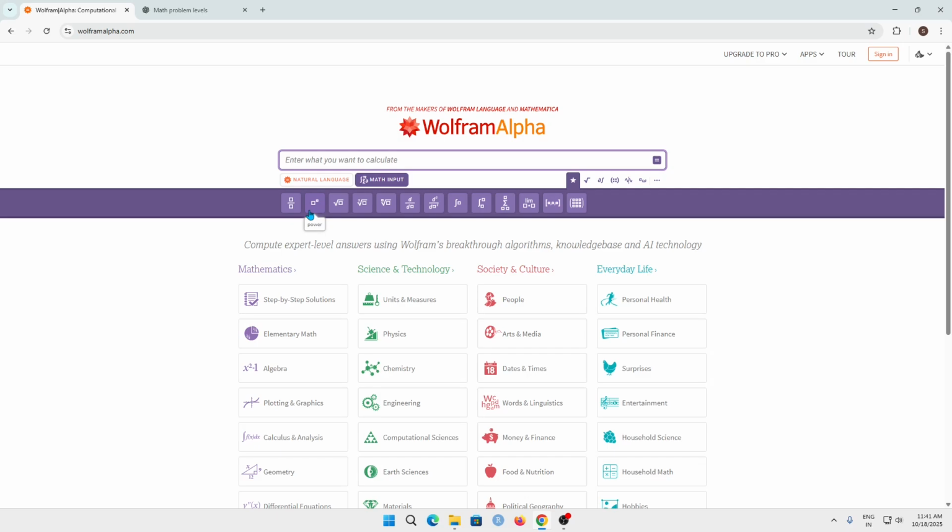Now I'll ask a medium level question on calculus and let's see how fast it solves the problem. Give me the derivative of 3x to the power 4 minus 5x cubed plus 2x minus 7 at x equal to 2.